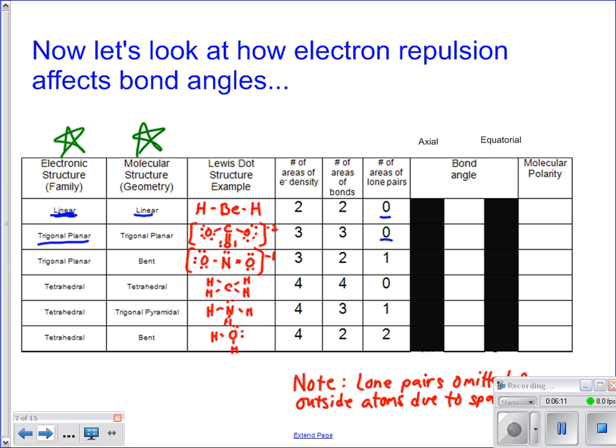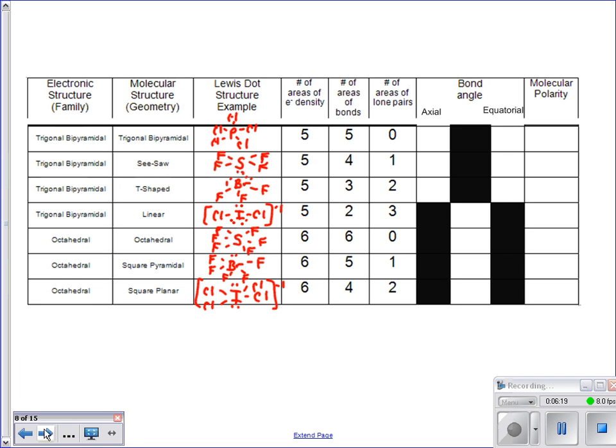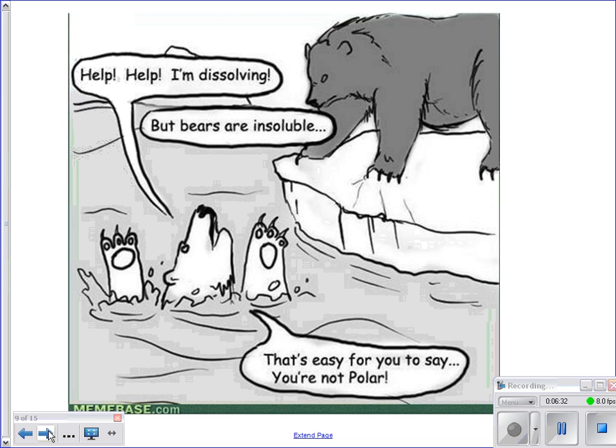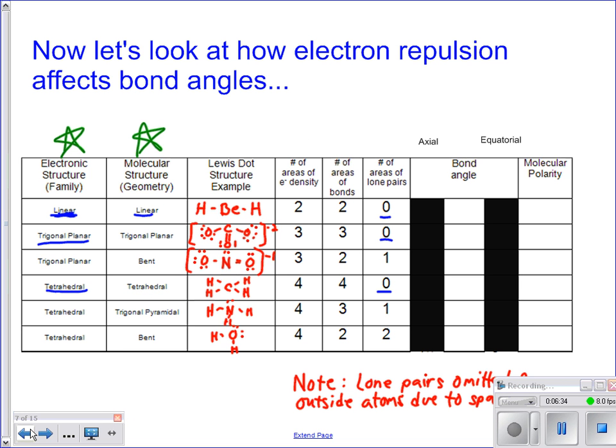Another is trigonal planar. Another is tetrahedral. Another is trigonal bipyramidal. And our last electronic structure is octahedral. Now, those are 5 main groups. Those are our family structures, or electronic structures.